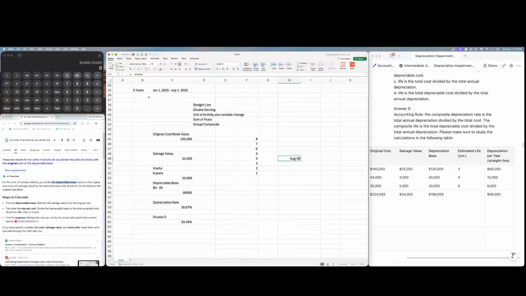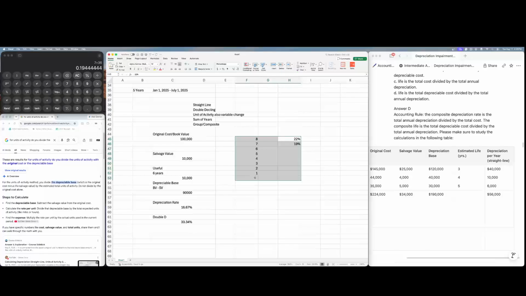That's how you calculate the depreciable rate in the first year. It's 22%. And then the next year, 7 divided by 36, so 19%. That's how you calculate it with sum of years.